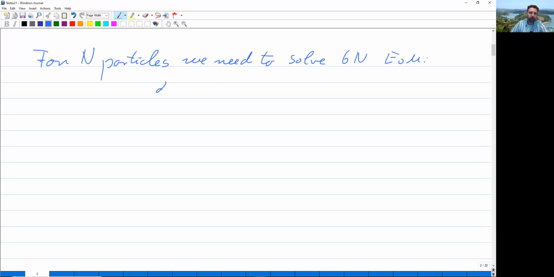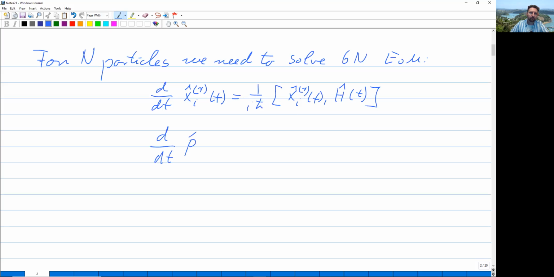And they are d by dt of x hat for the r-th particle, the i-th coordinate, equal to 1 over i h bar, commutator of x hat R_i of t with the Hamiltonian. And similarly, d by dt of p hat R_i of t equal to 1 over i h bar, commutator of p hat R_i of t, H hat of t.